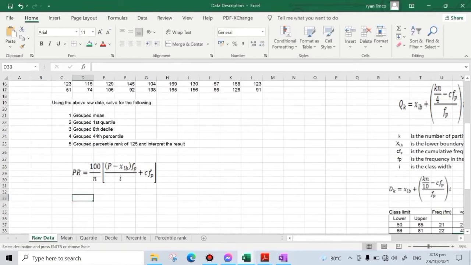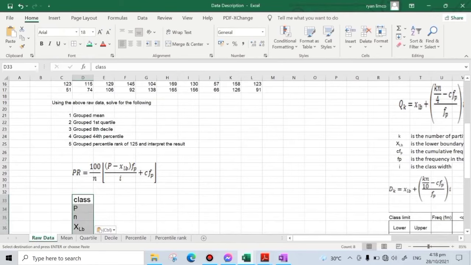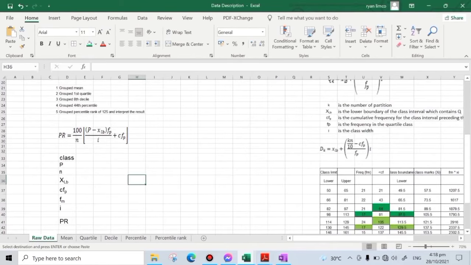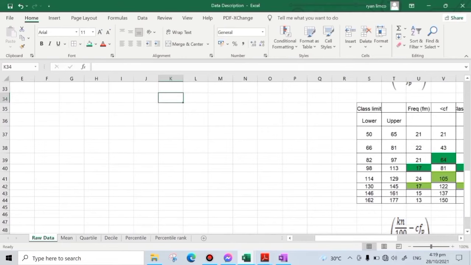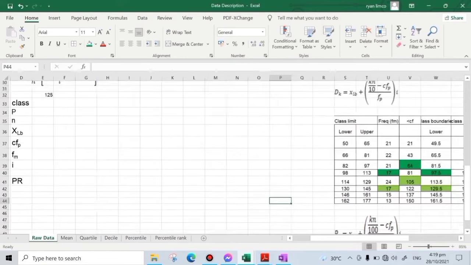And these are what we will need. What we need is the percentile rank of 125. So for 125, where can we find it in our data? 125 can be found from 114 to 129.